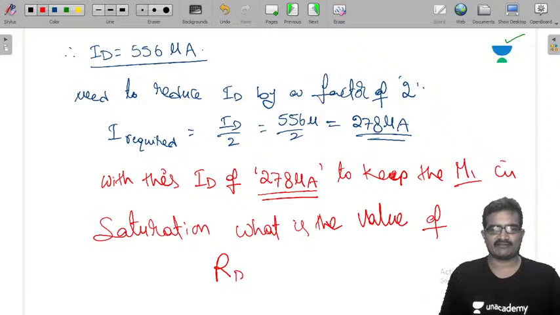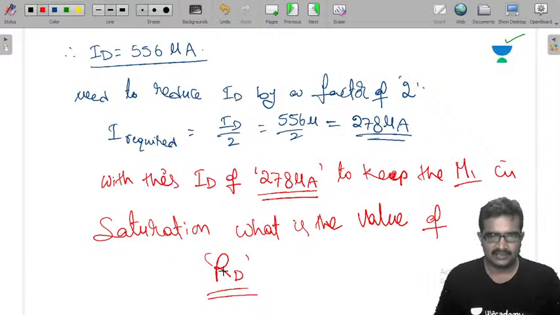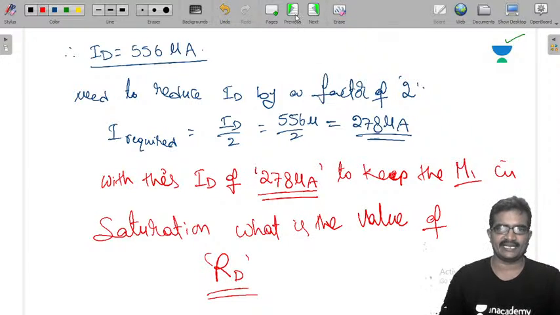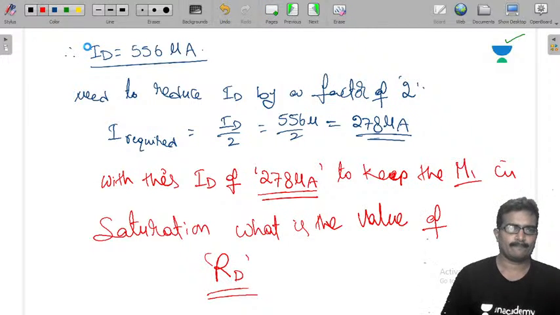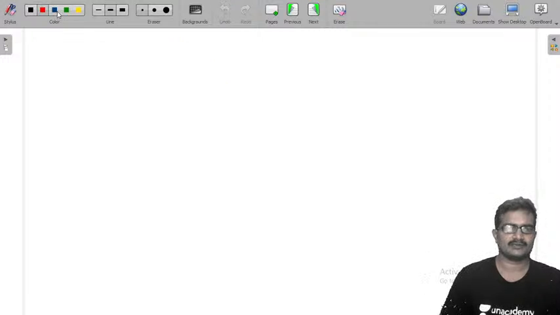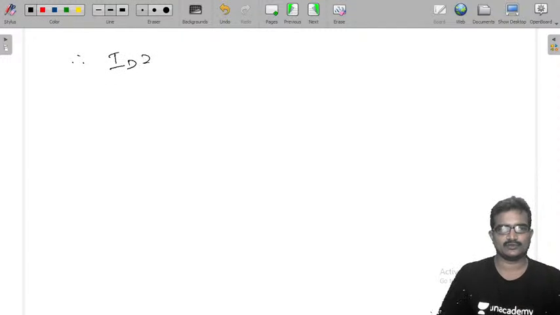So now this is our requirement. Okay, so now it is 278 microamps. Therefore ID is 278 microamperes.